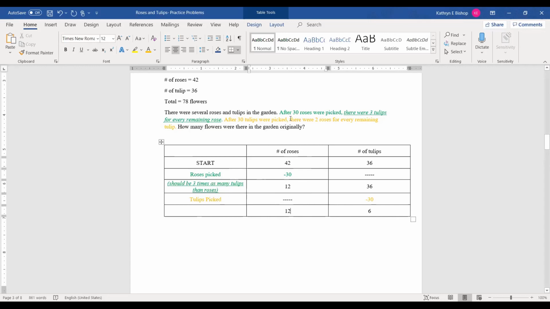And based off of the second part of that sentence, it says there should be 2 roses for every remaining tulip, meaning our number of roses should be twice as many as our tulips.